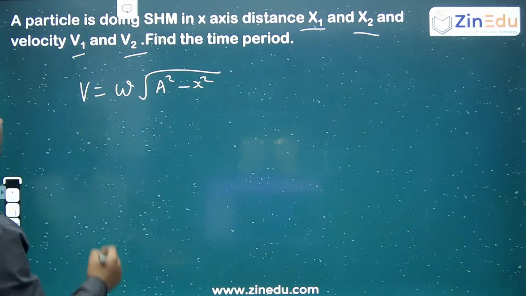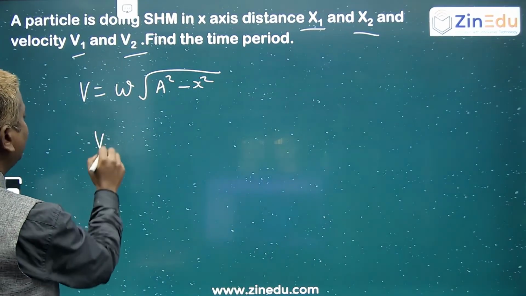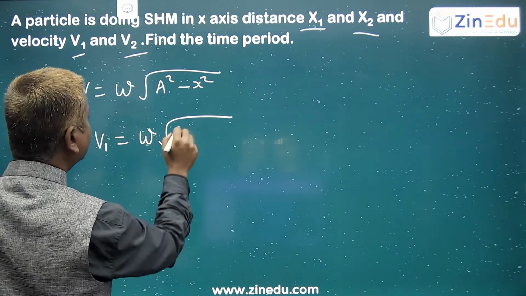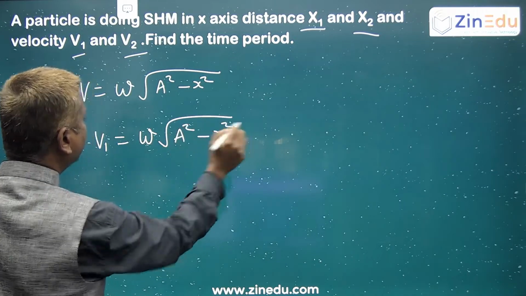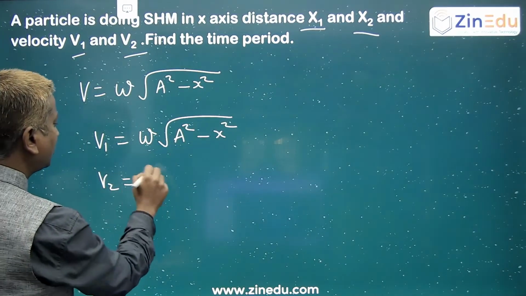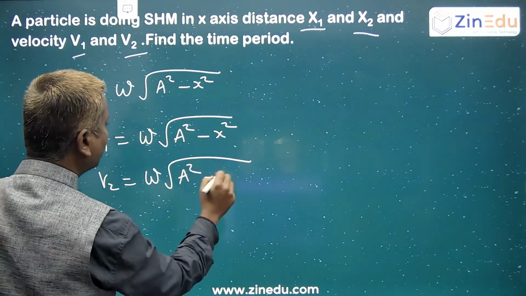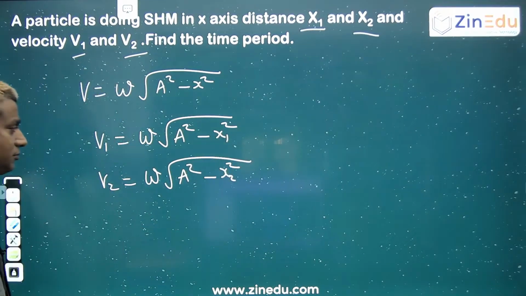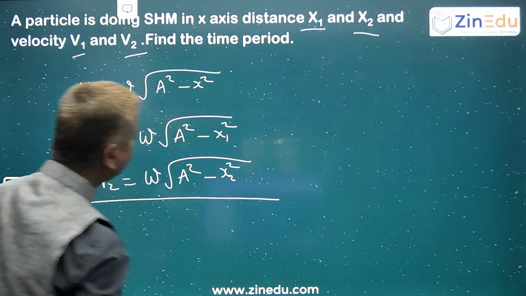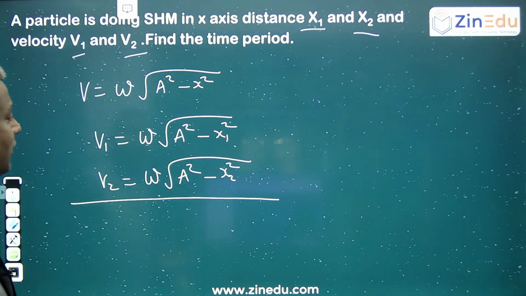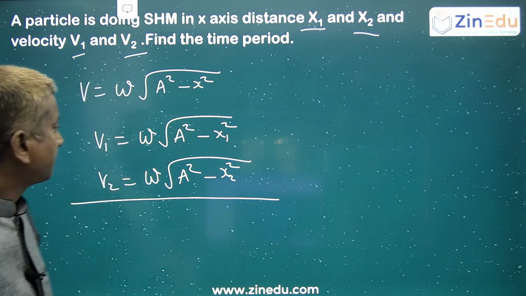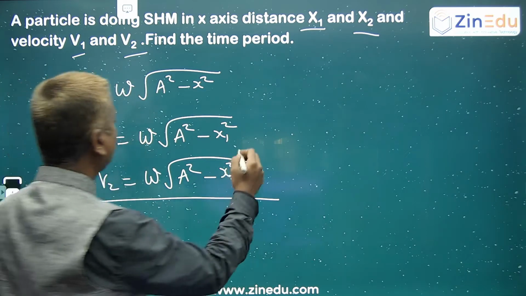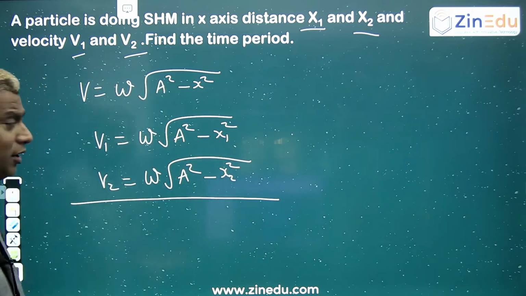So two equations you can frame. One is v1, which is equal to omega times under root of a square minus x1 square. The second equation is v2, which is omega times under root of a square minus x2 square. Right? From these two equations you can easily get the value for the time period. So first you try to get the value for omega. You can divide these two.